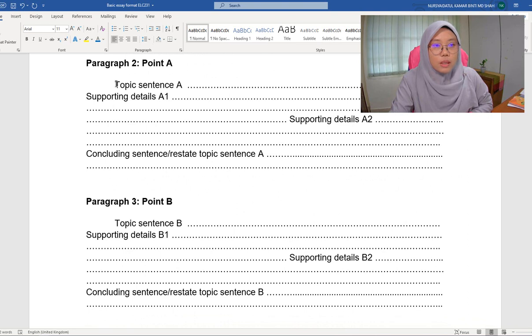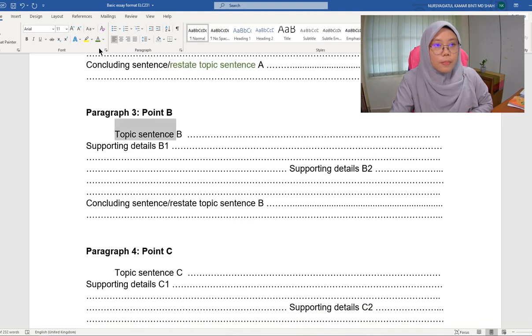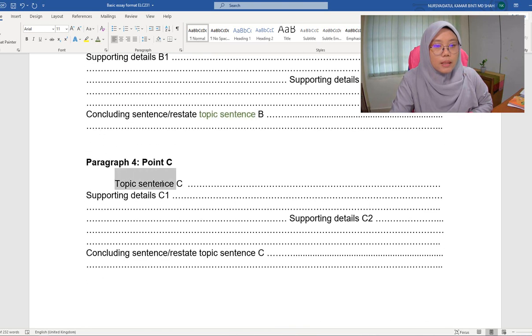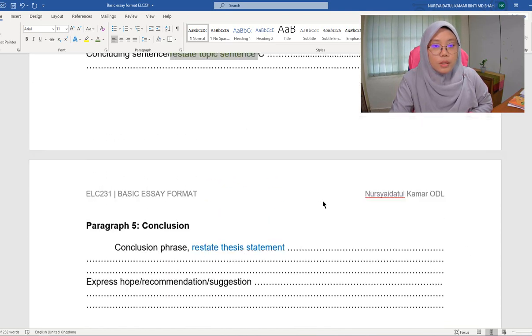Again, I will highlight that you need to have your topic sentence, and then you restate your topic sentence, and then the last one would be the conclusion.